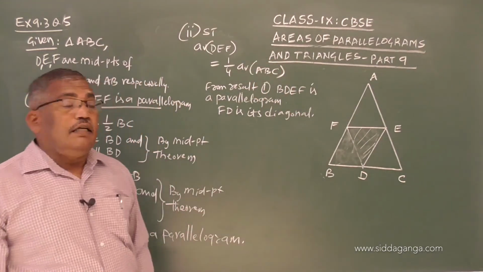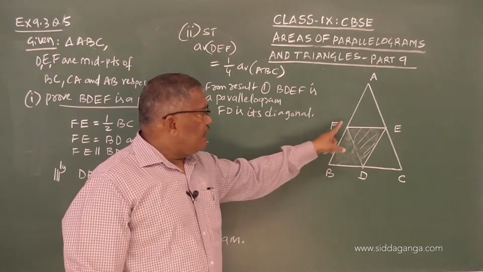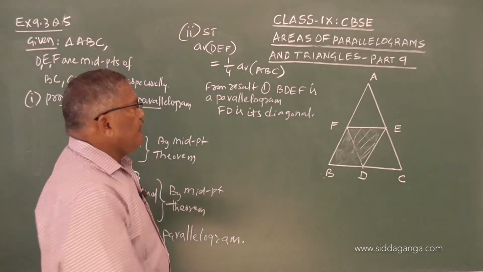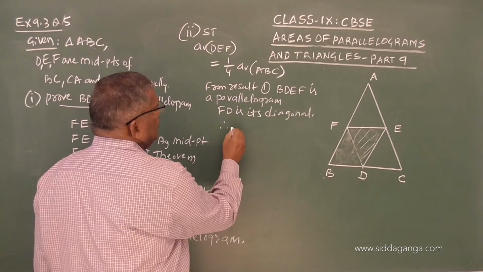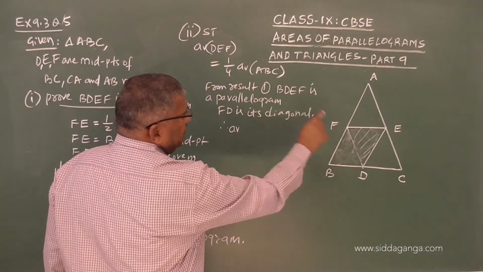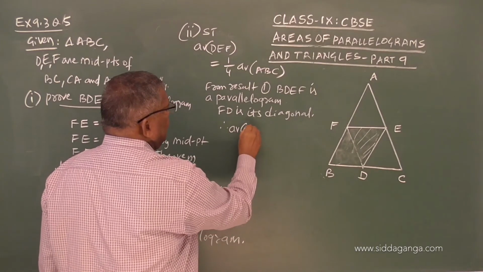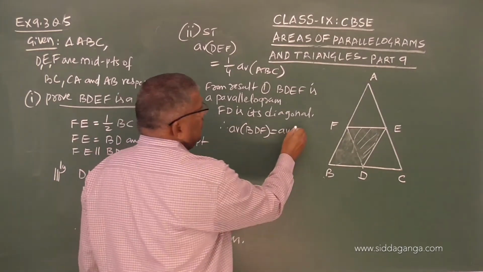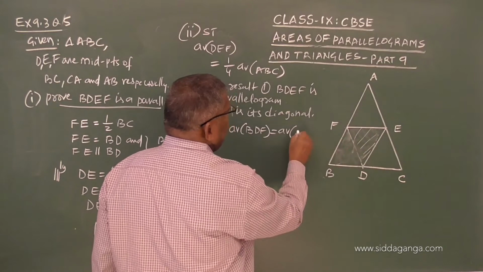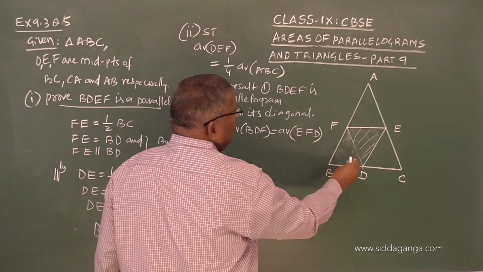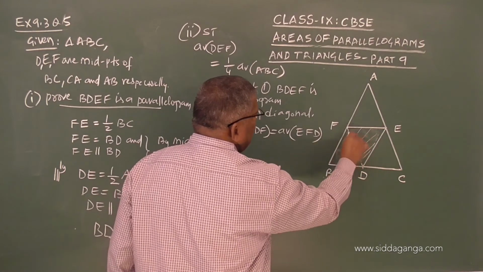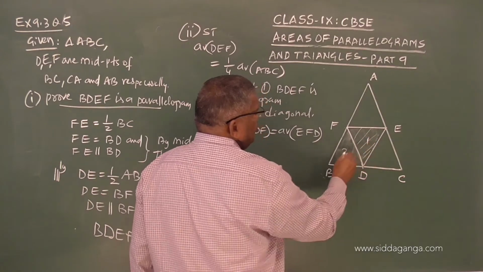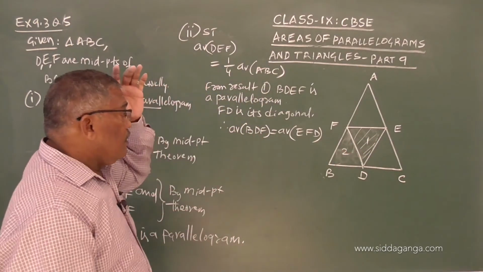So we know that in any parallelogram, a diagonal divides the area into two triangles of equal area. So therefore area of BDF is equal to area of EFD. So this area is equal to this area. If I call this 1 and this 2, 1 is equal to 2.